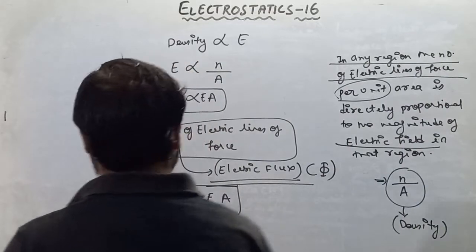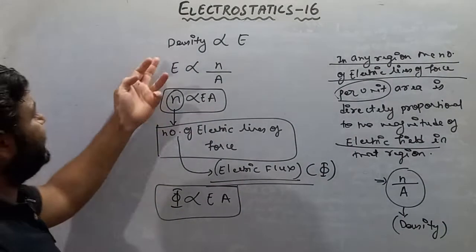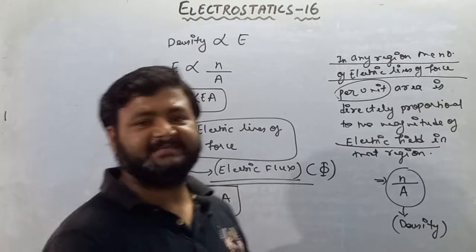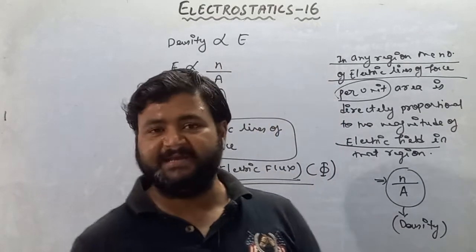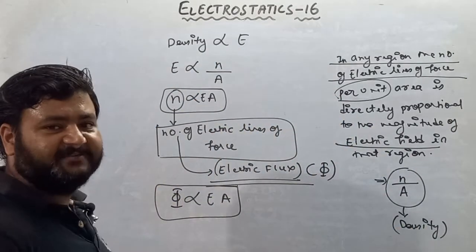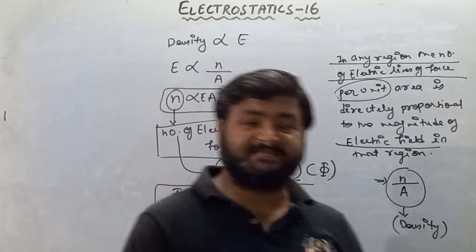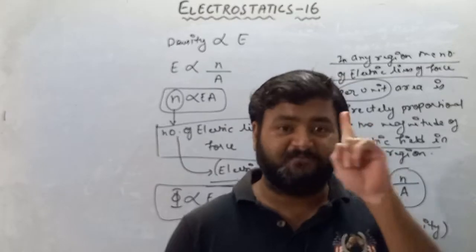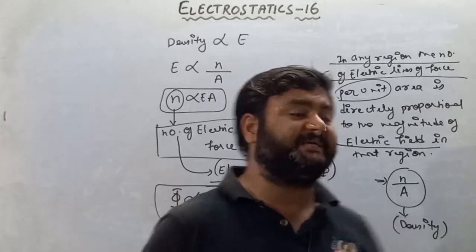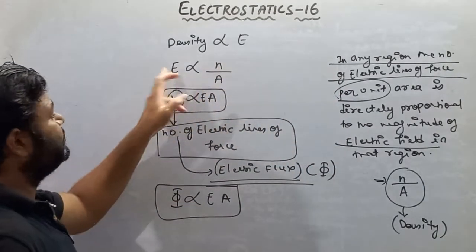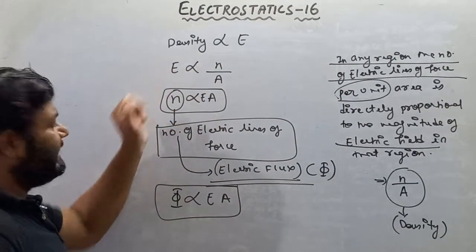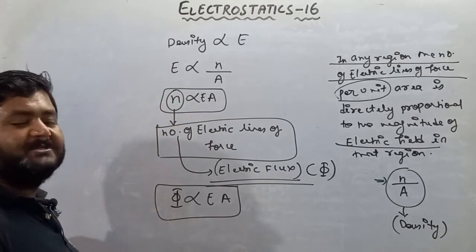I hope you all understand that density, that is the number of electric lines of force passing from any area, is proportional to electric field. And we know that density is basically the number of electric lines of force passing from 1 meter square, which is called unit area. So N by A is proportional to E. So we'll take A this side: N is proportional to EA.